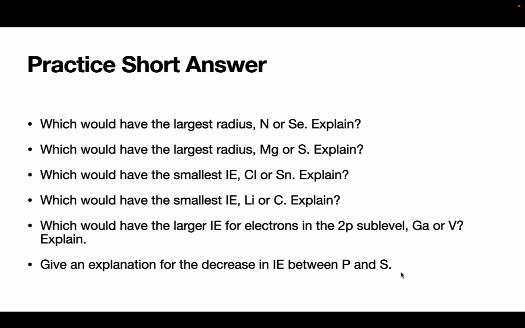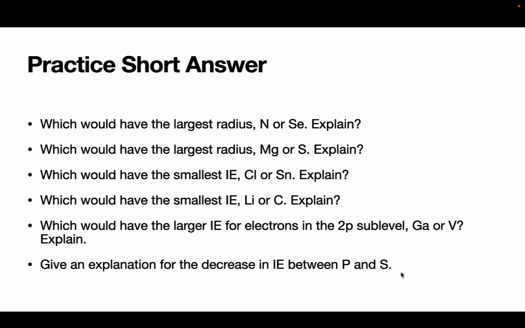Now, this question is kind of a stretch, but it gets to the heart of what we want to look at when you're looking at these trends. We look at where the placement is on the periodic table, and for small little variations, you can look at details of how the electrons are located in the atom and use that to help give some explanations, like with phosphorus and sulfur.